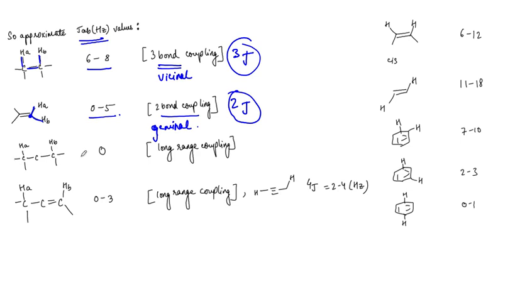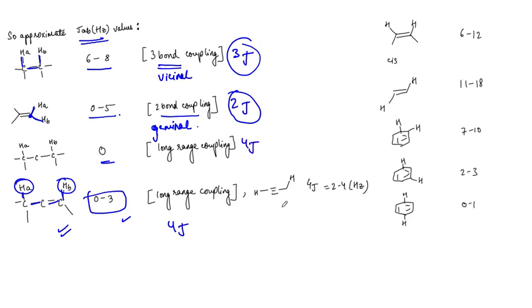Then we have the long range coupling, which I told you is going to be 0. The allylic coupling is going to be 0 to 3, a very low value, even though it is happening. These are all 4J.